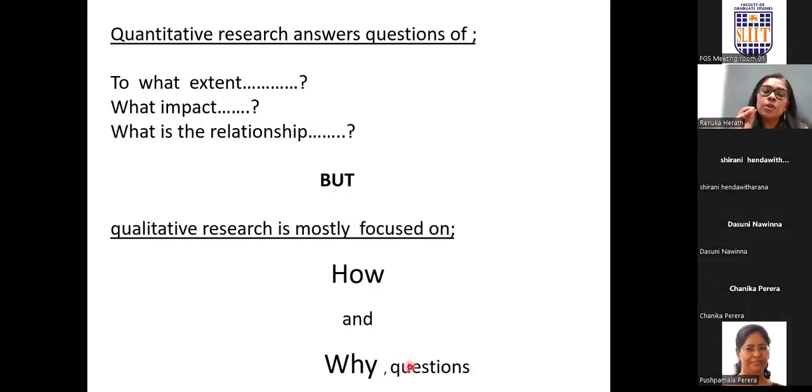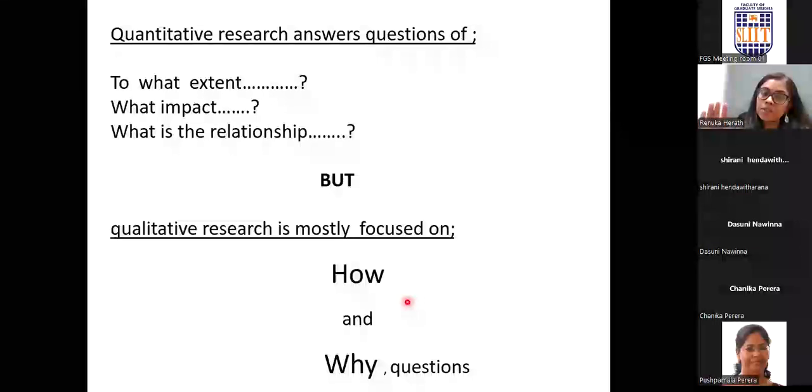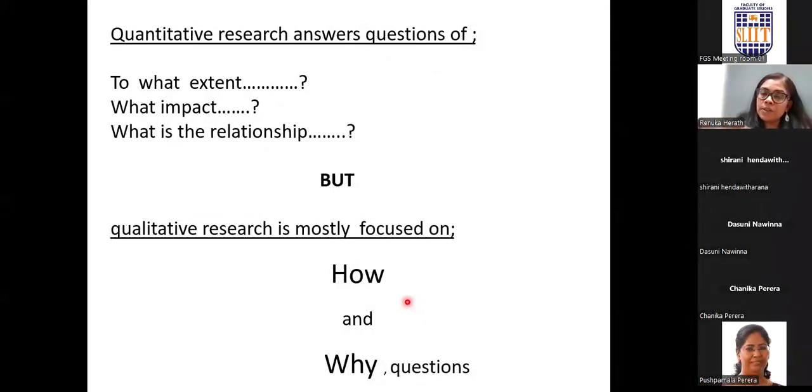So when you are writing your research questions in qualitative research, they have to be how and why questions as well. And every research, quantitative or qualitative, once you have formulated your research questions, you'll have to find out the answers.